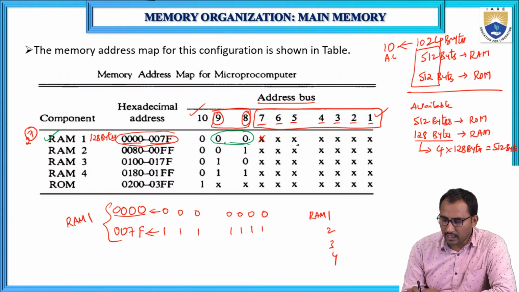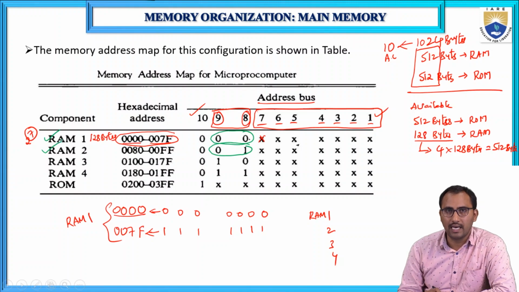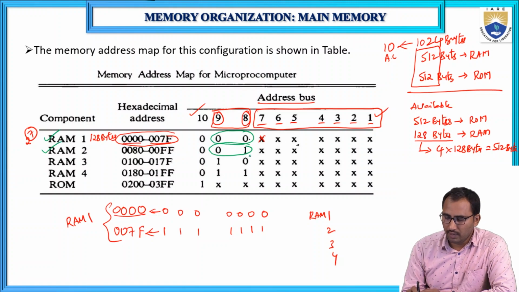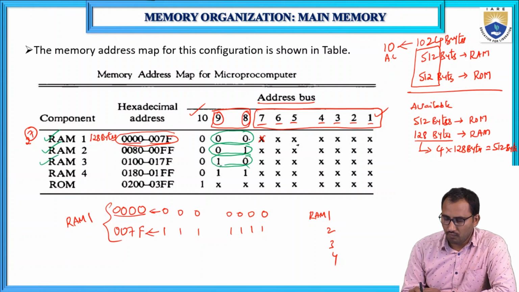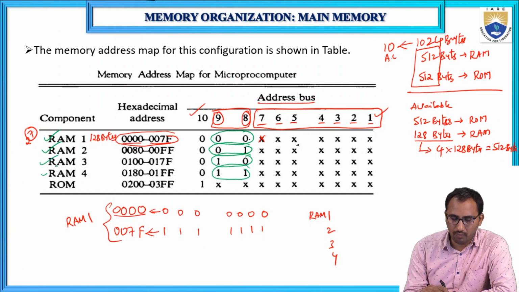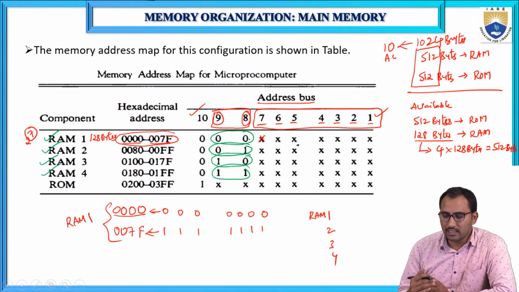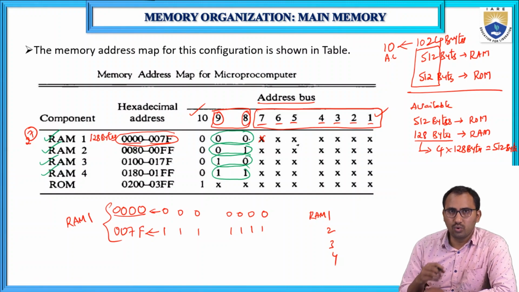When 8 and 9 are 01, RAM 2 will be selected. When 10, RAM 3 will be selected. When 11, RAM 4 will be selected. So in this way, we can choose a required RAM memory chip.